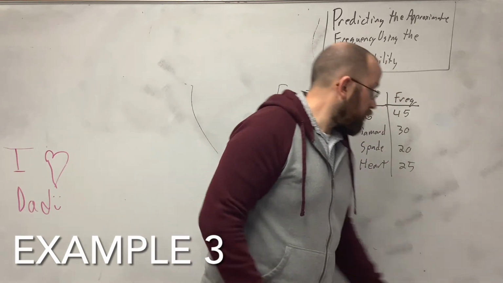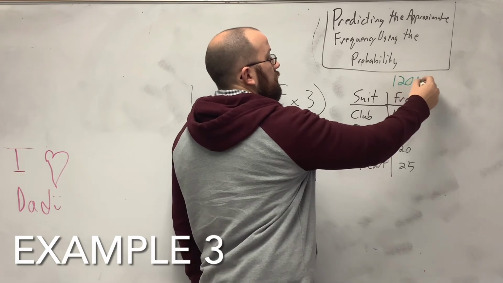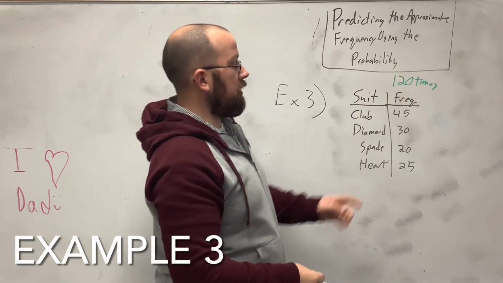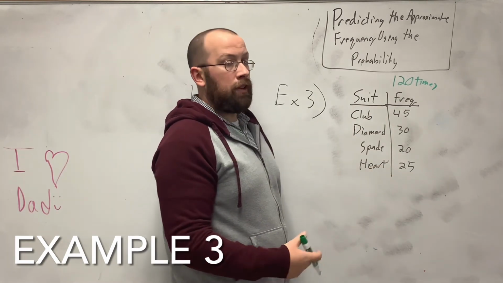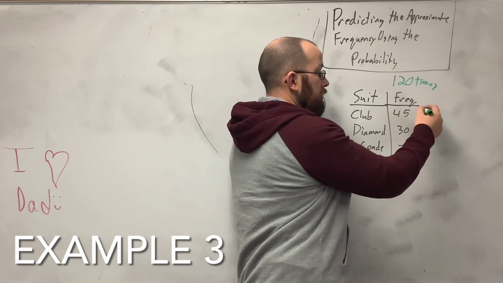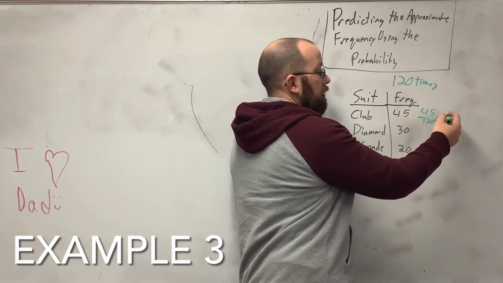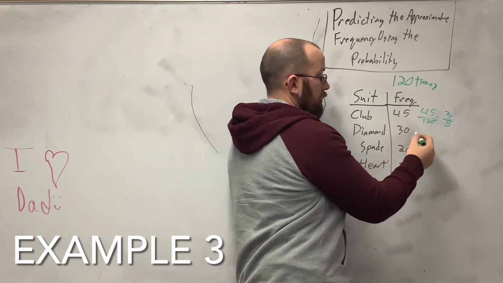If I draw a card 120 times, and these are the suits and this is the number I pull for each one, what's the relative frequency of each one of these? This would be 45 over 120, which simplifies down to 3 over 8.